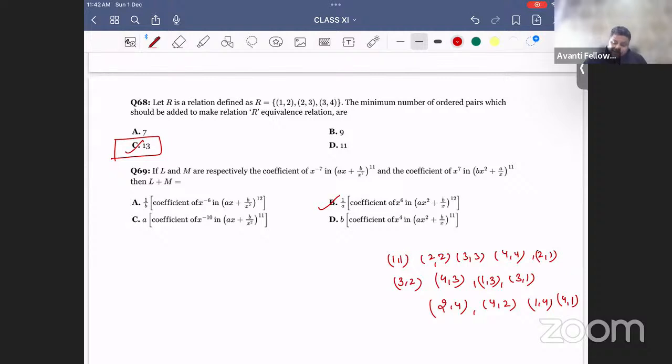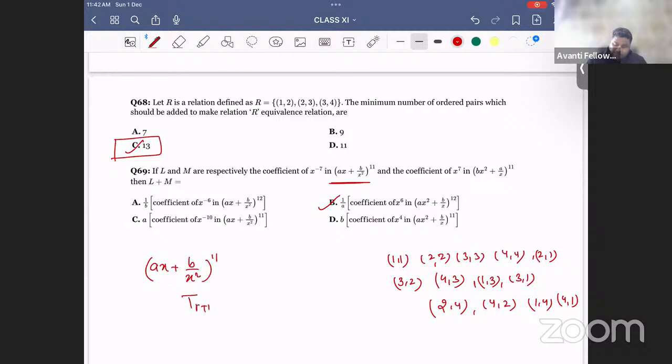If L and M be respectively the coefficient of x to the power minus 7 in this and coefficient of x to the power 7 in this, then L plus M is. This is fine. First of all, I'll talk about this. (ax + b/x²) whole to the power 11.